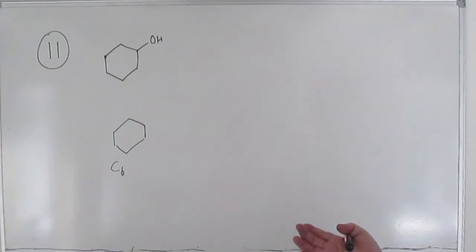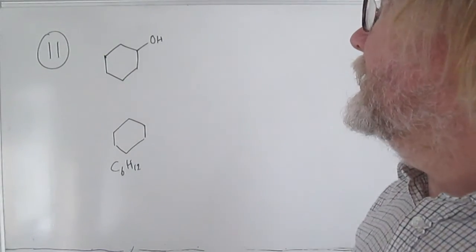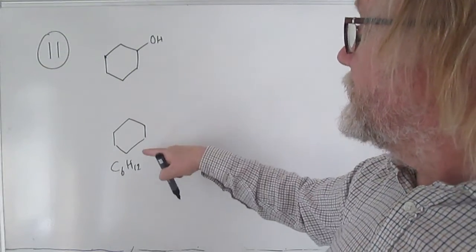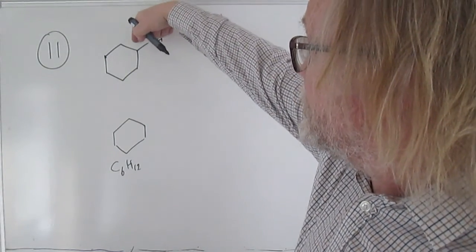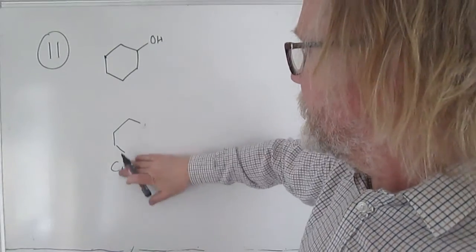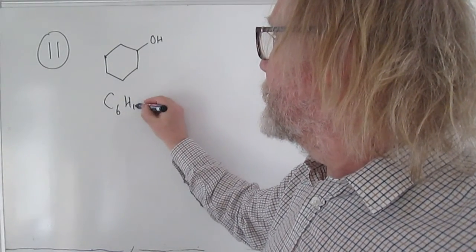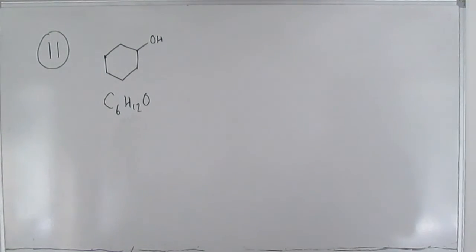So instead of C6H14 that would be C6H12. And so rather than count them, you can just say, right, well this is going to also have 12 hydrogens, but it's just also got that extra oxygen there inserted between the carbon and the hydrogen. So that compound is going to be C6H12O. And you're going to need that because you're going to need to know how many hydrogens there are in order to make the equation balance.